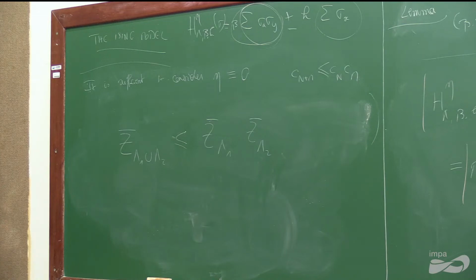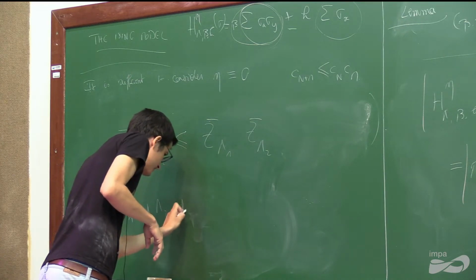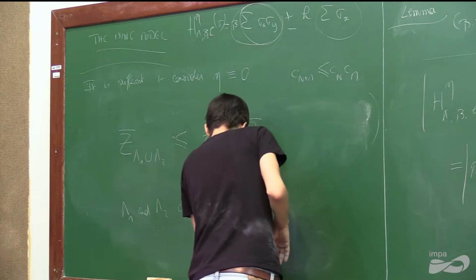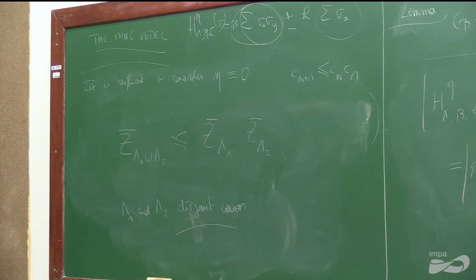Here we want to have something similar, except that you replace addition by disjoint union. And when you divide, what you divide by is not going to be n, it's going to be the cardinality of the box.